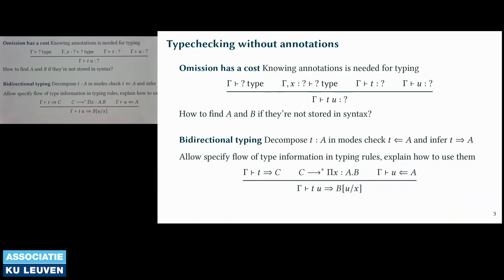So for instance, if you want to infer the type of this, you start by inferring the type of the head of the application. Then you try to reduce it to find the parameters. You can check that the other term is typed by A, and now you return B, where you replace X by U. And this complements the non-annotated syntax that we want to use very well, because it really explains locally how we can recover these annotations.